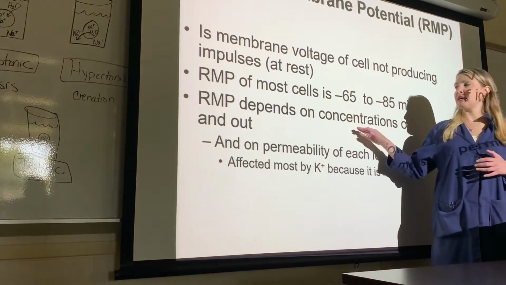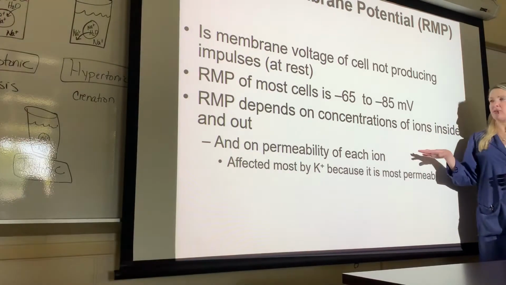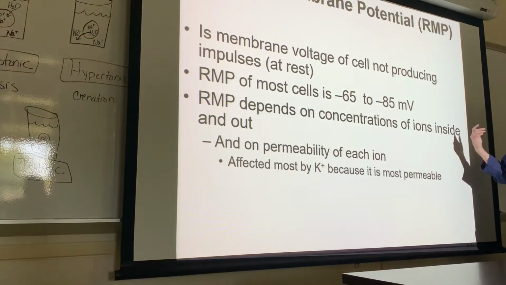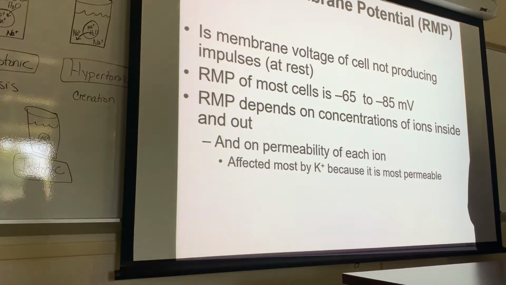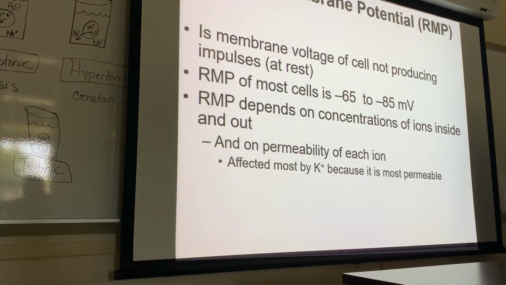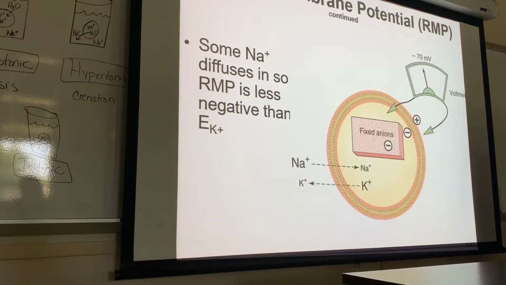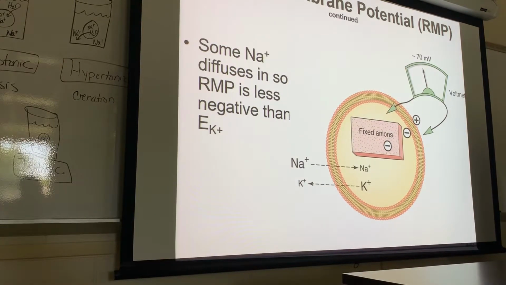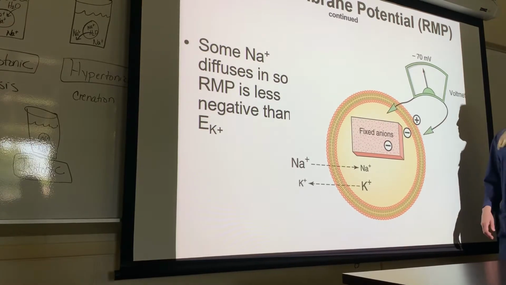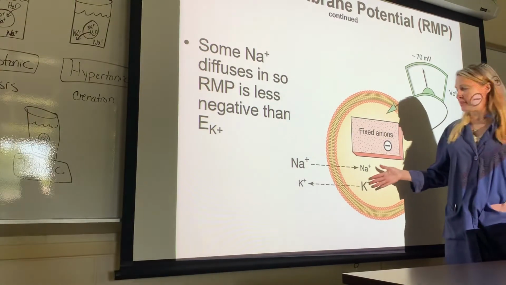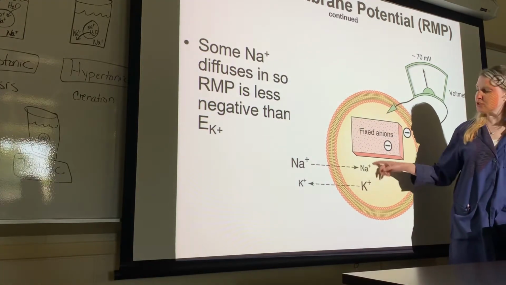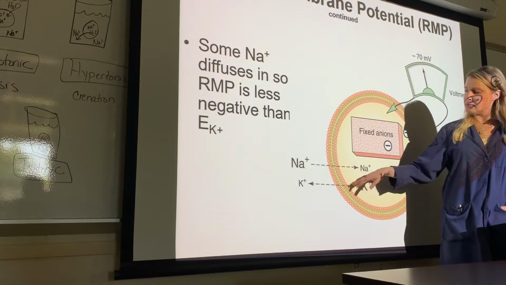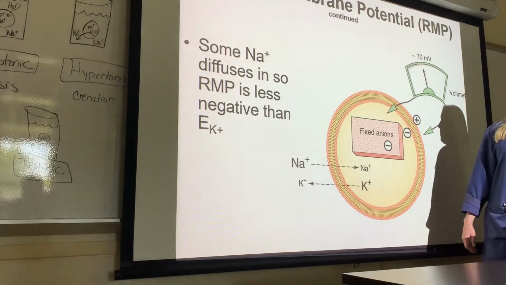The resting membrane potential depends on the concentrations of ions that are inside the cell and out, and the permeability of each ion. And as I said, because the membrane is more leaky to potassium, it plays the larger role. It has a bigger influence. So again, we have potassium diffusing out, sodium coming in. Not as much sodium is coming in as potassium is leaving.